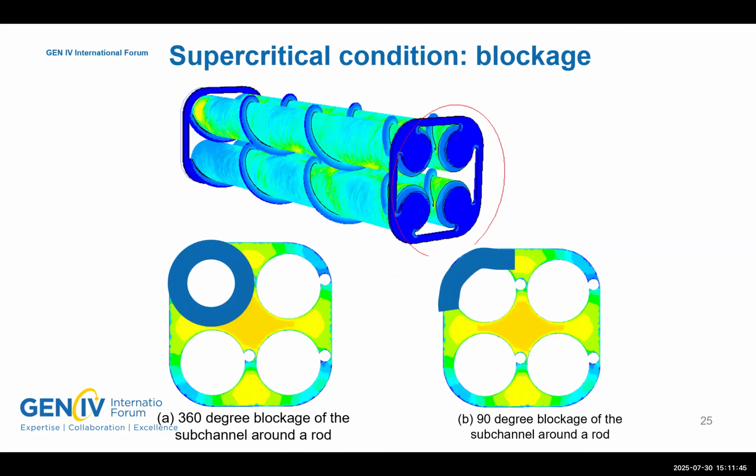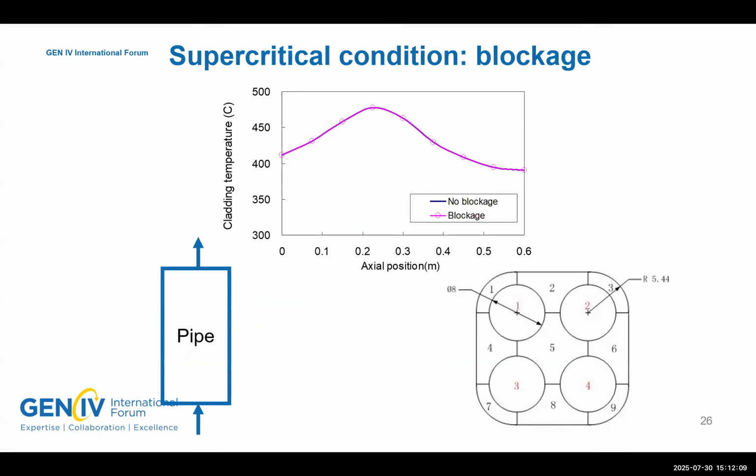And even if we use the wire wrap as the grid spacer, sometimes blockage may occur during the operation. If blockage occurs, it just blocks the coolant channels. But if you perform the RELAP or ATHLET system code simulation with a very small region blockage, from the cladding temperature point of view there's no difference between blockage and no blockage.